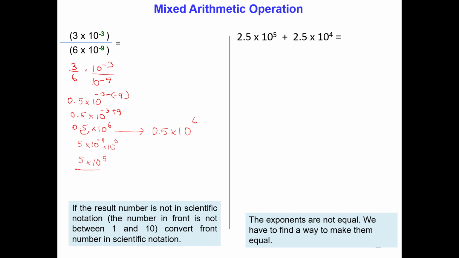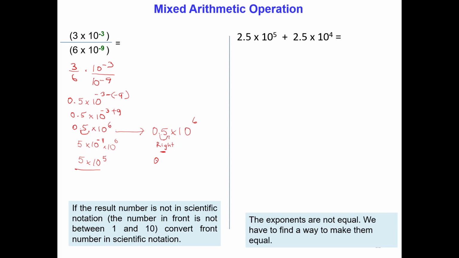Then we need 5, so we need to move one place to the right. If we move one place to the right, we need to subtract. Always, if you move to the right in this kind of problem, you need to subtract.